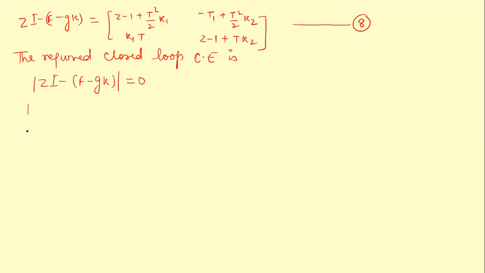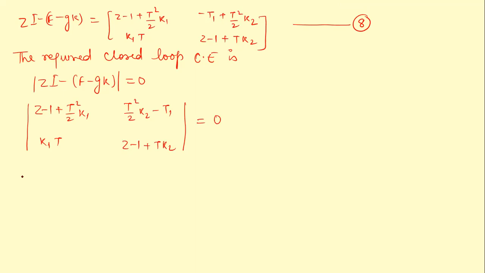That means we have the determinant of [z minus 1 plus T squared by 2 K1, K1 T; T squared by 2 K2 minus T, z minus 1 plus T K2] equal to 0.